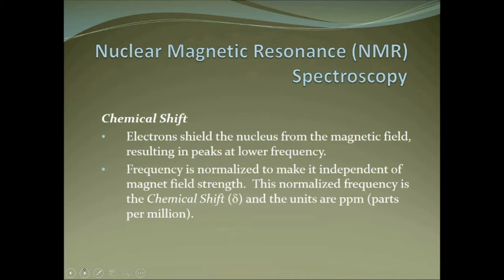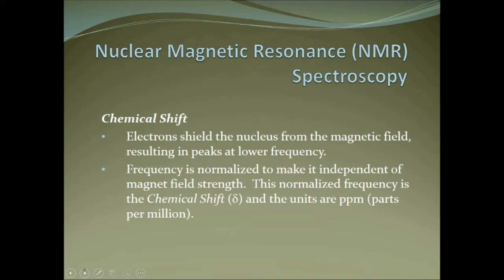The electrons around the nucleus influence the magnetic field, and they do change the frequency slightly. The frequency of the resonance for these hydrogens is dependent on the magnetic field. And so to make the NMR independent of the field strength, we normalize or adjust the frequency. So when we report the frequency, we don't actually report a frequency in hertz.